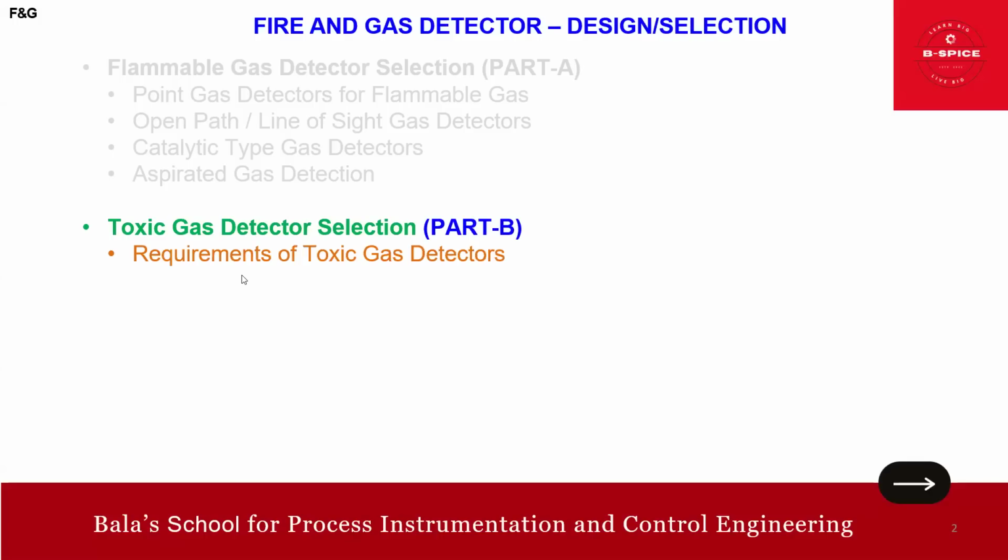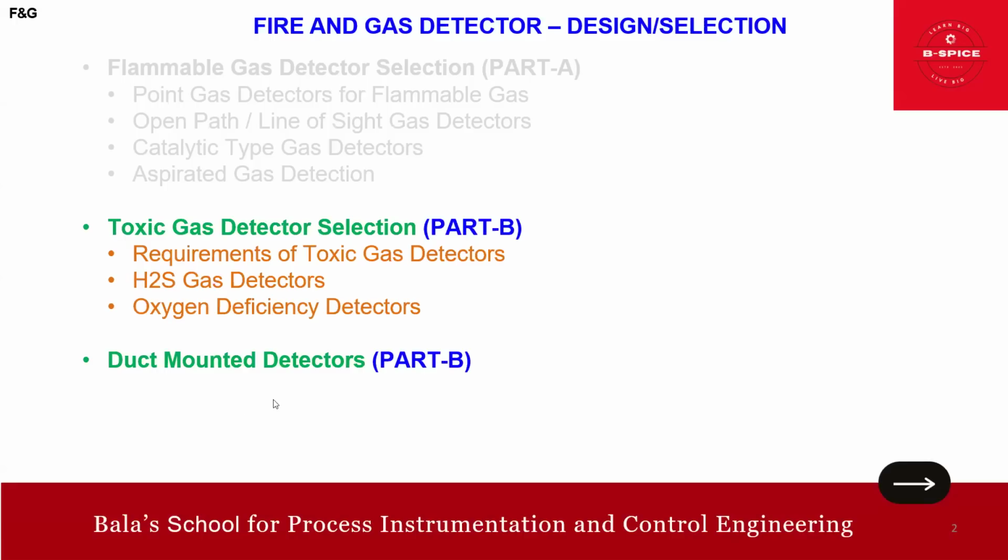So under that, what we will focus on is the basic requirements of toxic gas detectors, and we will touch upon a bit on H2S and oxygen deficiency detectors, and also we'll cover the duct mounted detectors.